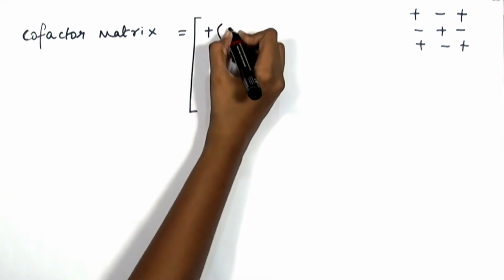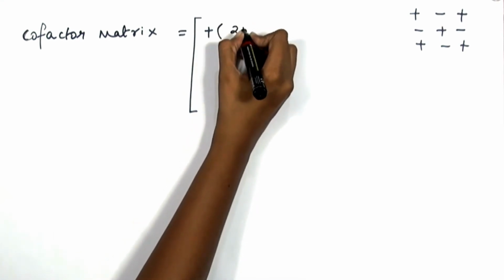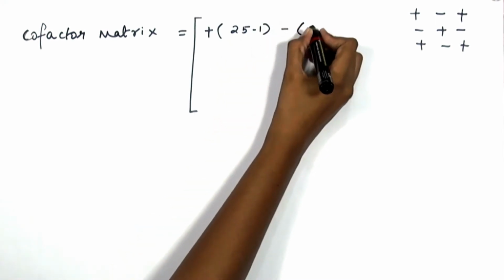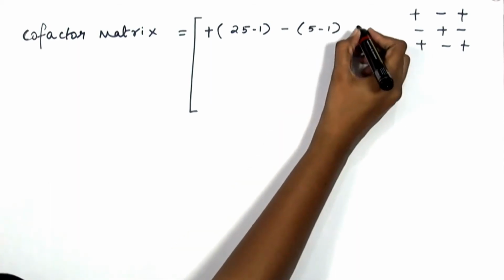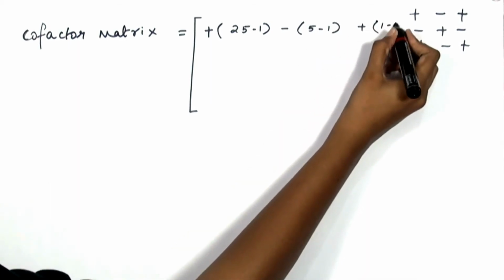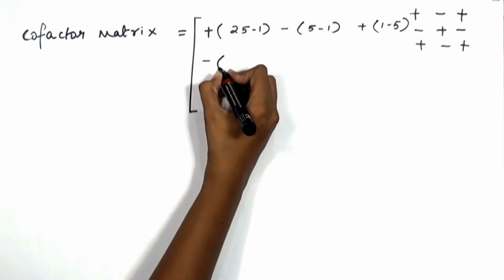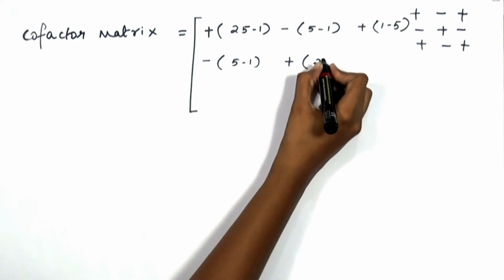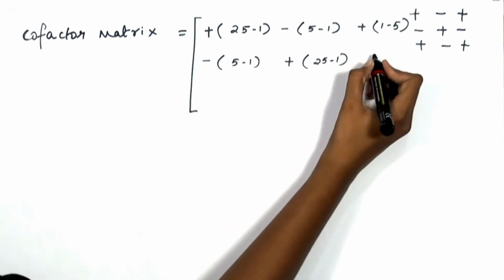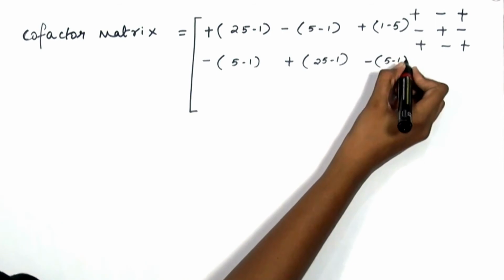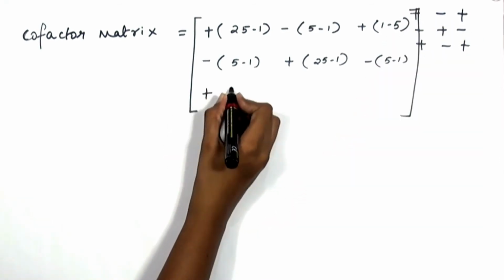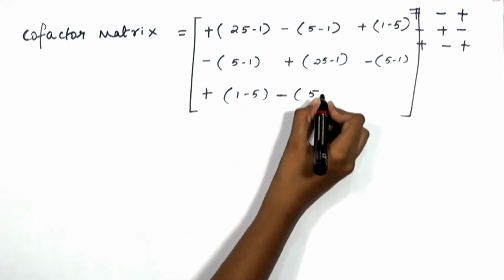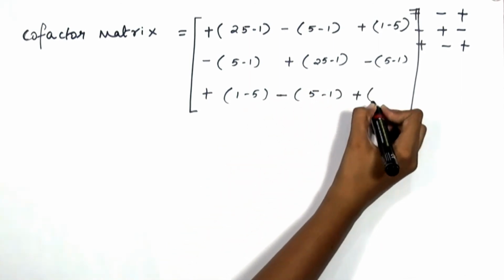Multiplication of the leading diagonal, which is 25 minus 1, and so on for each element.